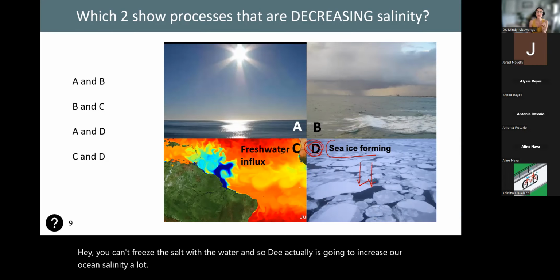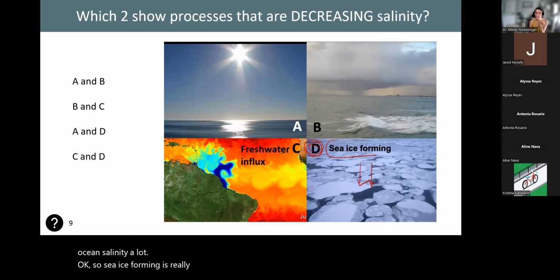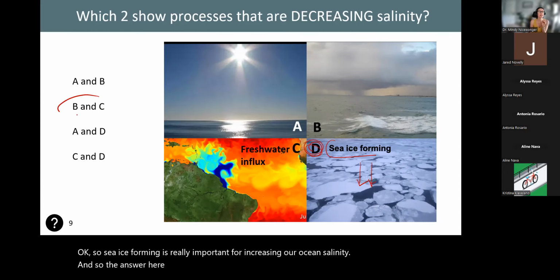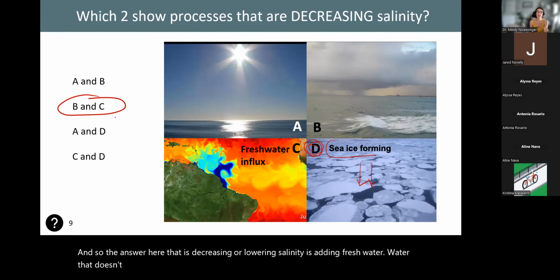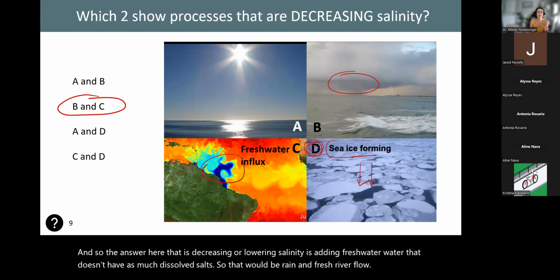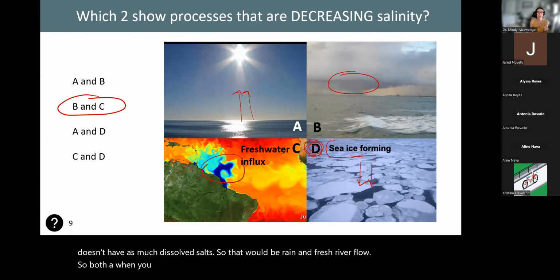Okay, so sea ice forming is really important for increasing our ocean salinity. And so the answer here that is decreasing or lowering salinity is adding fresh water, water that doesn't have as much dissolved salts. So that would be rain and fresh river flow. Okay, so both A, when you evaporate water away, again, you're not going to take the salt with it.